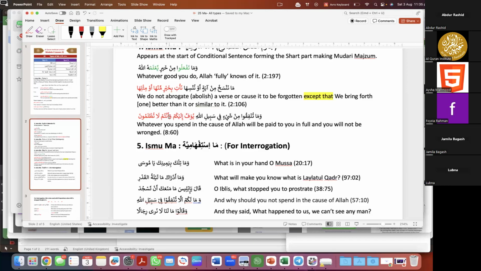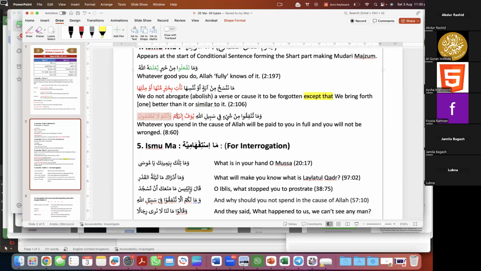But look at this. Wa, and then a detached pronoun, correct? And then a sentence. What does it do? It gives you a hal meaning. Whatever you spend in the way of Allah will be paid back to you in full, in what state?